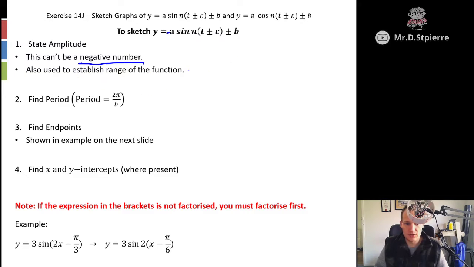And we also use it to help establish the range of the function, find the period, which is 2 pi on n, find the endpoints, which I'll show you in the example on the next slide, and then find any x and y intercepts where present.